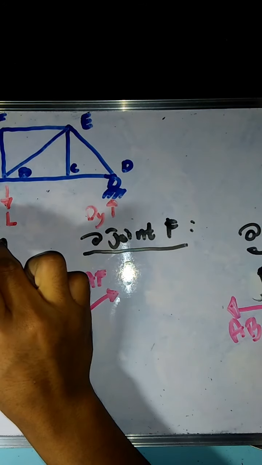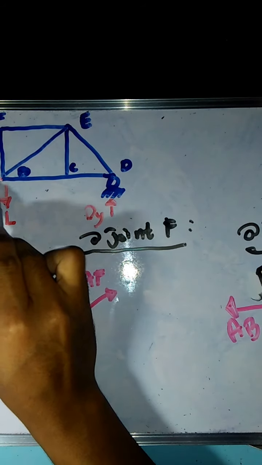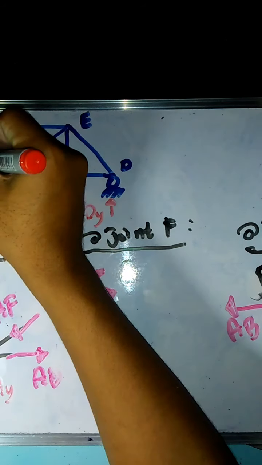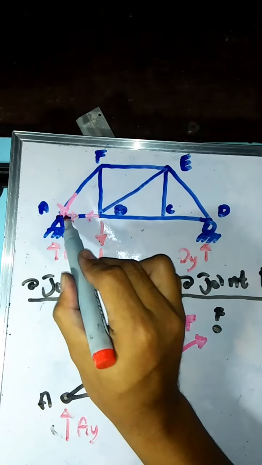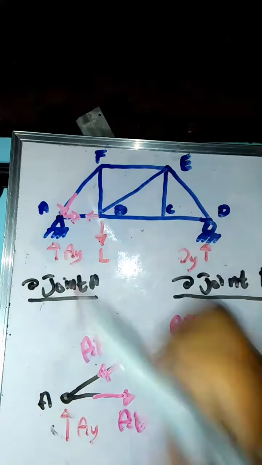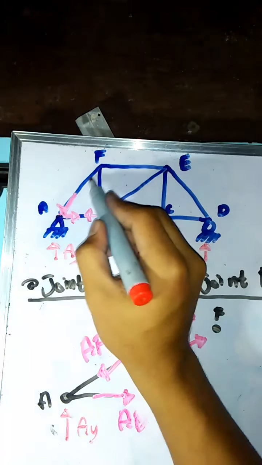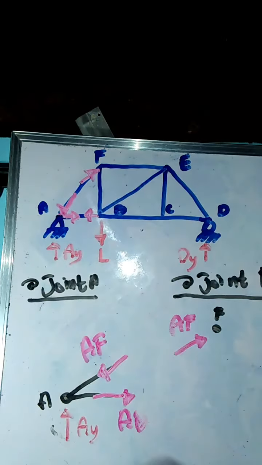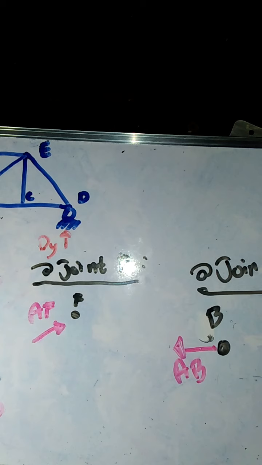So, yan yung pag-analyze. Dapat continuous. Kung dito is tension, dapat yung analysis din natin dito is tension. Kung compression dito, dapat compression din dito. Okay? So, this is all for the introduction of method of joints.